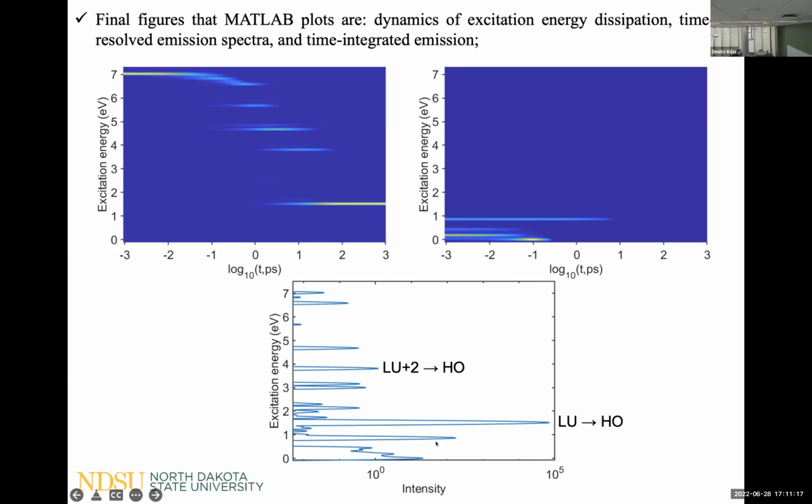Yes, those peaks below. I'm not sure. We need to double check the oscillator strength file and see which transition corresponds to this energy level. I think just these two are more important for us, which are LUMO to HOMO and this one, LUMO plus 2 to HOMO.